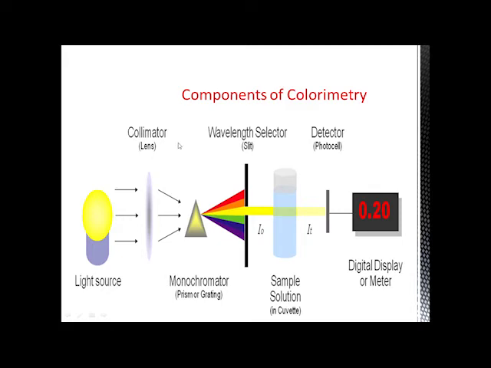For example, if a green filter is used, it absorbs all colors except green light, which is allowed to pass through. In this case, a yellow filter is there, so only yellow light is allowed to pass through this solution.